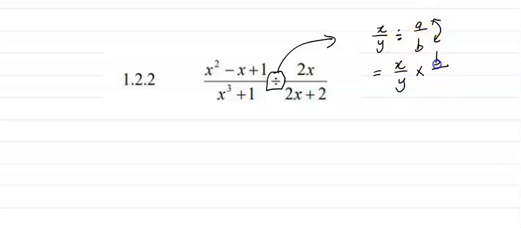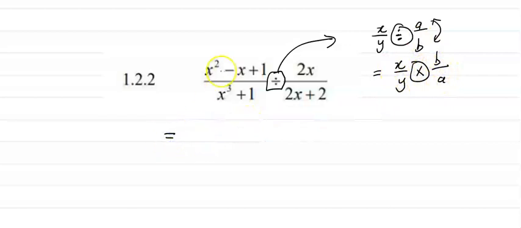So that will be b over a. So x over y divided by a over b becomes x over y times b over a. That's important there.